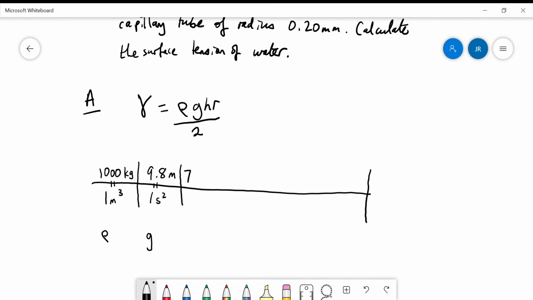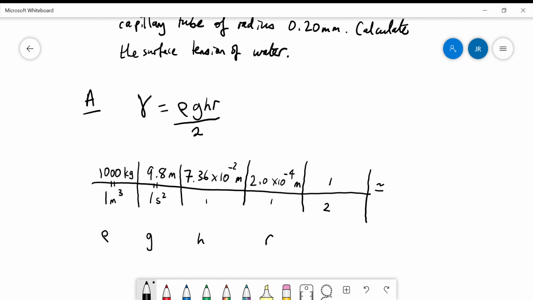So we've got 7.36 by 10 to the negative 2 meter. That's our height. And then the radius I need also in meter. I was given 0.2 millimeter, so that would be 2.0 by 10 to the negative 4 meter. And that's our radius. And then I need a denominator 2, so I can just put 1 over 2 here to get a 2 down in the denominator.